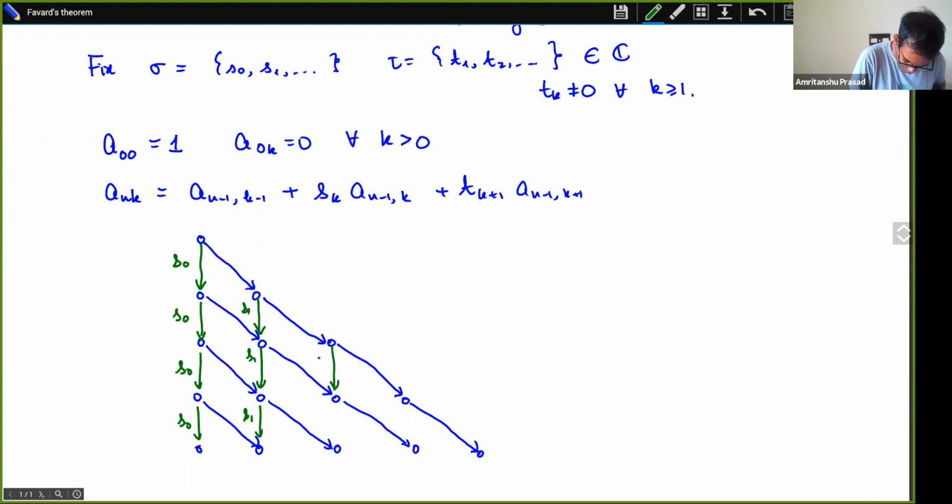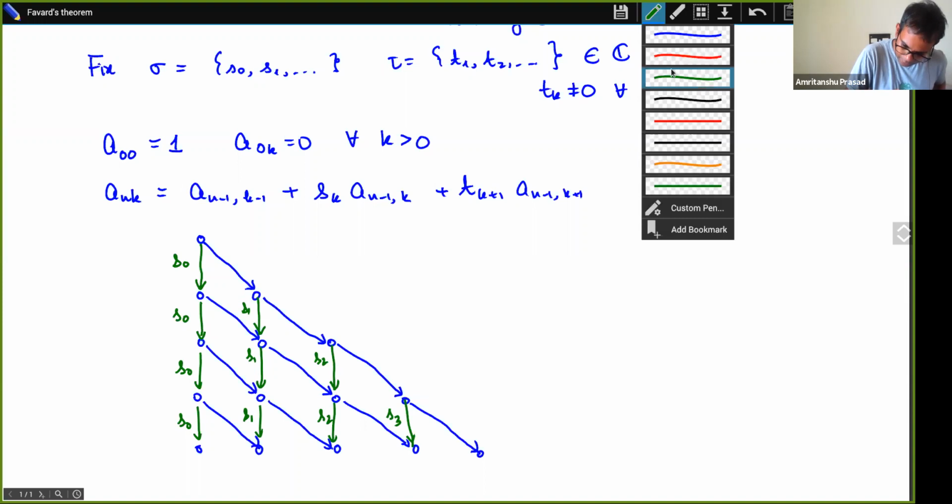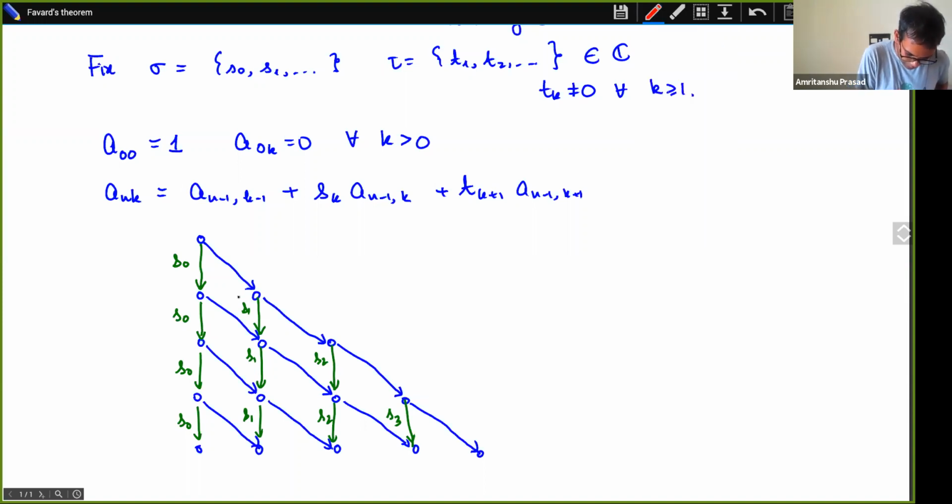These have weight s2, and so on. And then you have edges going diagonally in the opposite direction, and these have weight t. So these have weight t1, these have weight t2.